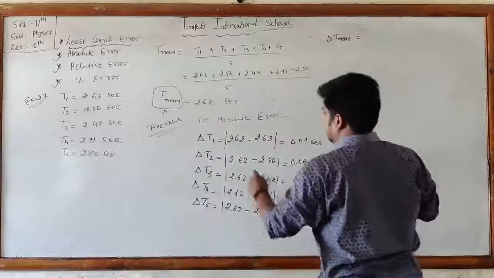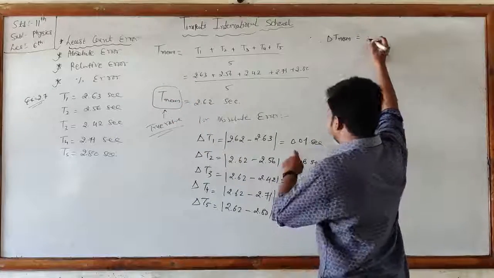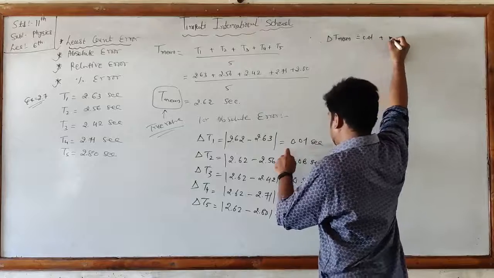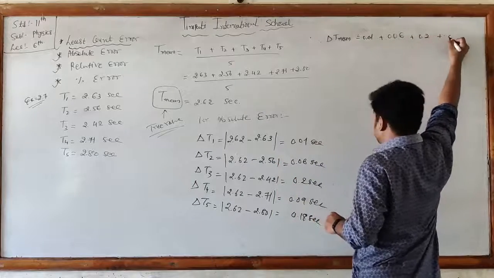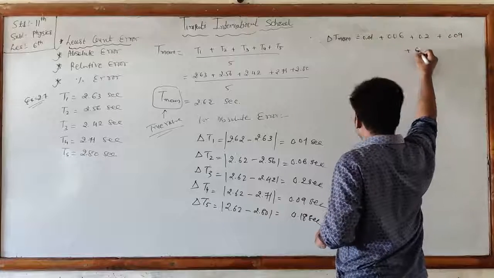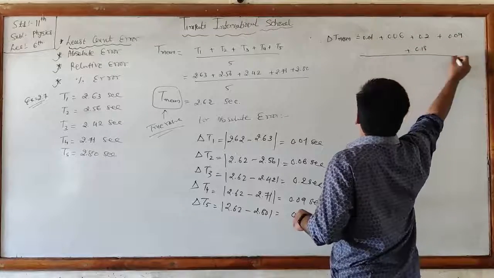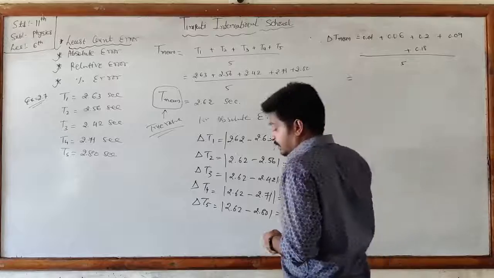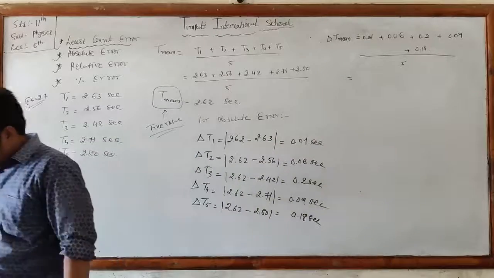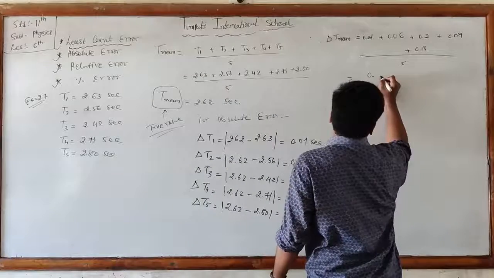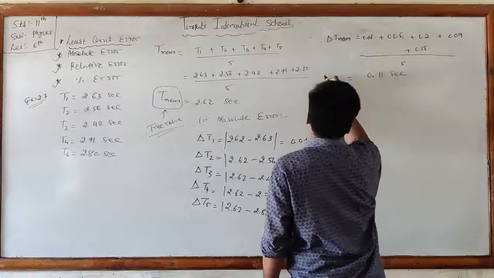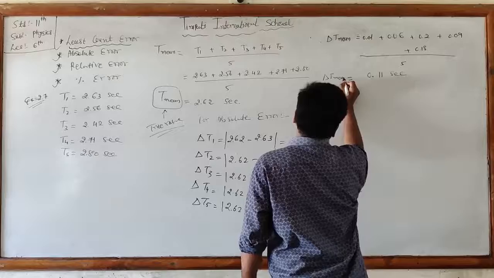So delta T1, that is 0.01 plus 0.06 plus 0.2 plus 0.09 plus 0.18 divided by 5. Here you will get 0.11 second, that is delta T mean.